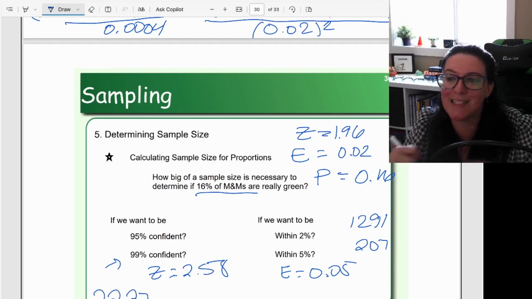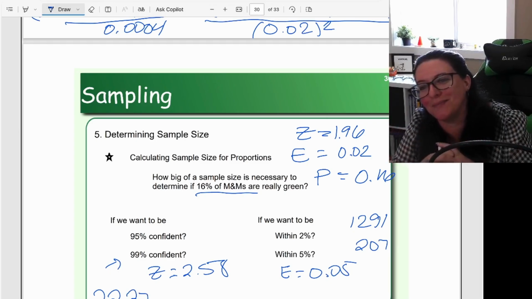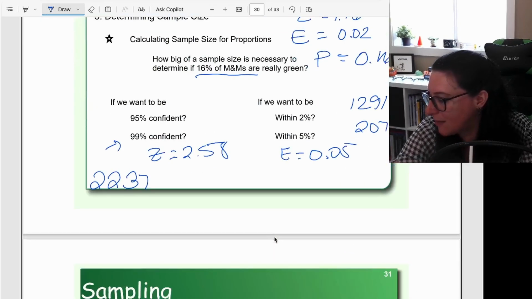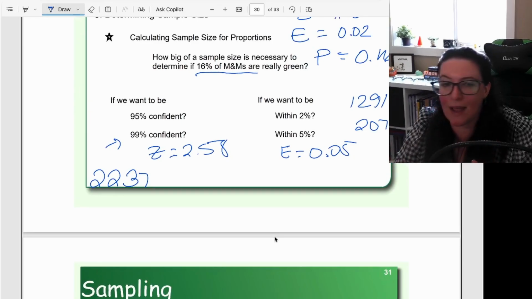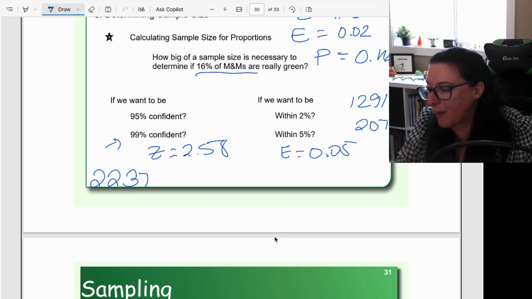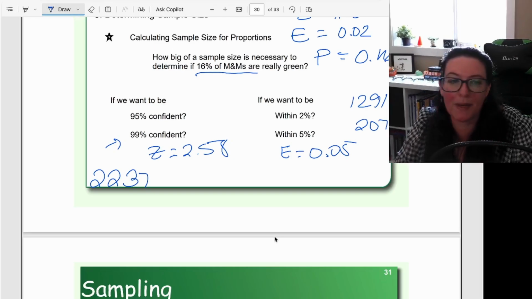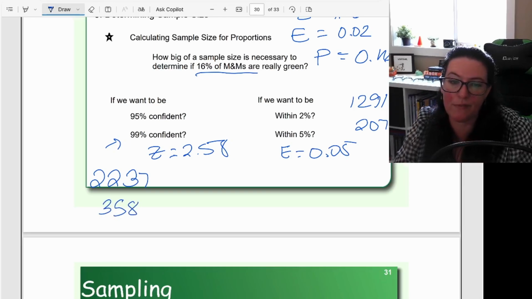So we would need to test 2,237 M&Ms to see if it really was 16% green. Oh, you can't even see that because it's hidden below. And if we were willing to be off by 5%, so it could be 16, it could be 21, but we need to be 99% confident, you can see that the sample size is much smaller at 358.